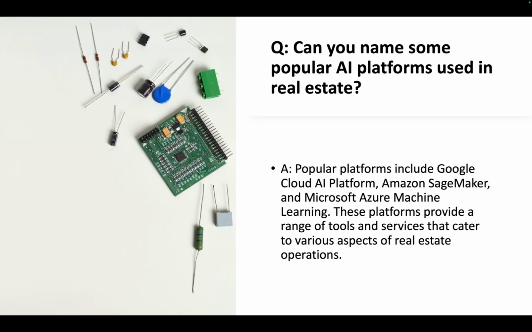Can you name some popular AI platforms? Well, all of the cloud providers have some form of AI solution. I know specifically that Azure provides a chatbot as well. I'm not sure about Amazon and Google Cloud, but I'd imagine they all do exactly the same things because they tend to have similar services between themselves.